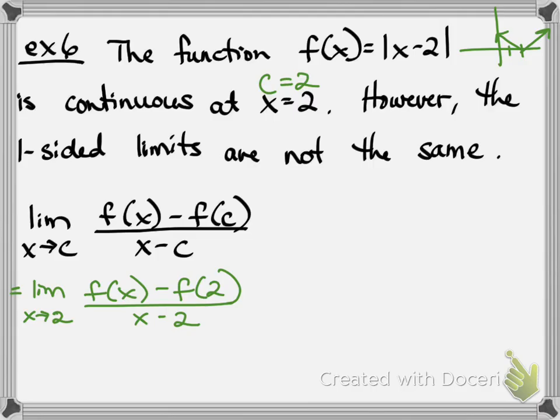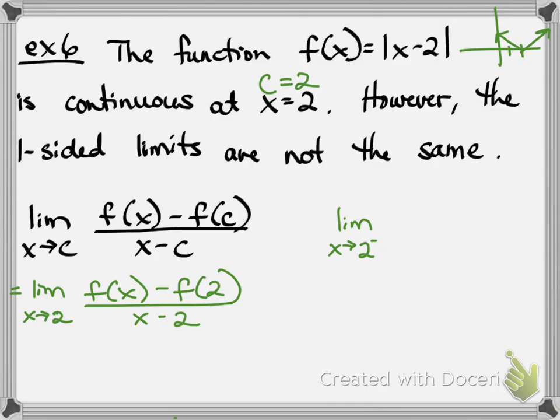But they say the one-sided limits are not the same. So if we do the limit as x approaches 2 from the left, then we would, absolute value is a piecewise function.